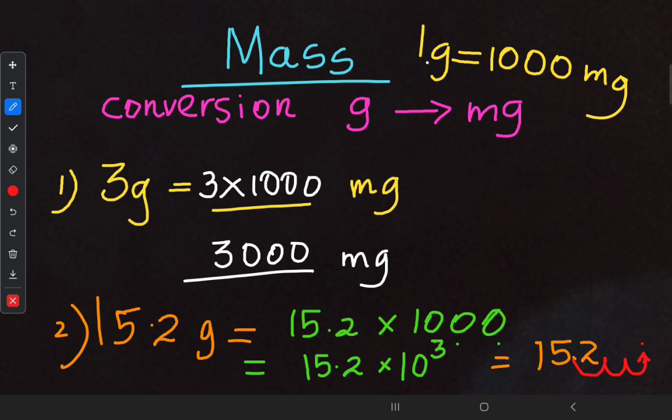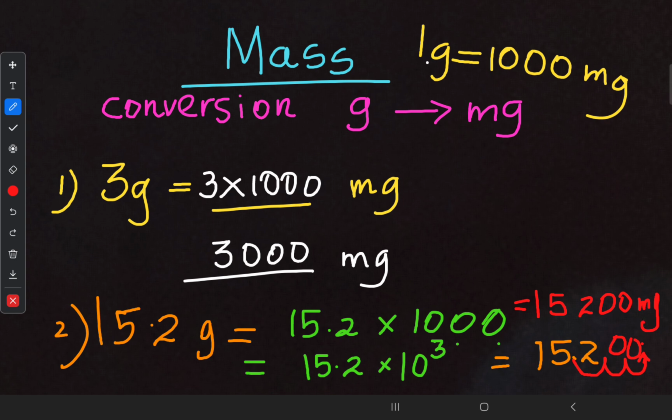Instead of leaving it as a space, we can fill this up using zeros. So finally your answer should be 15,200 grams. It's not grams, it should be milligrams. We have to multiply this by 1000.